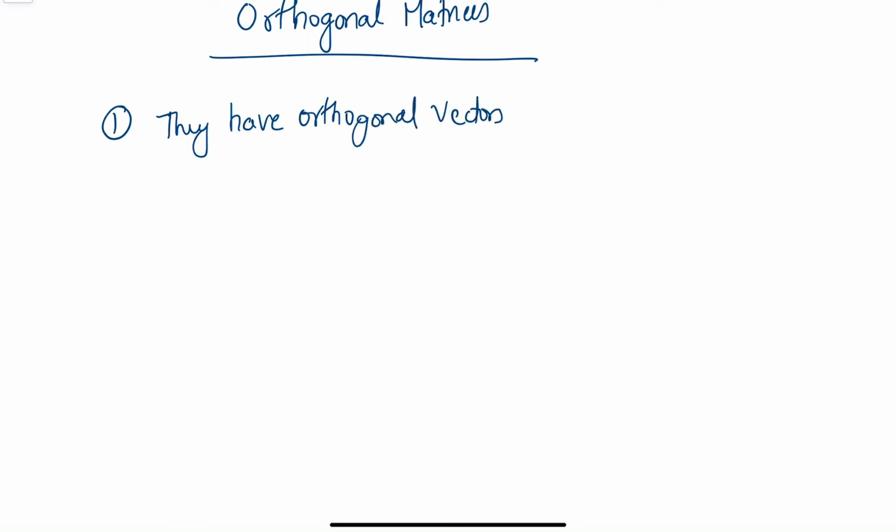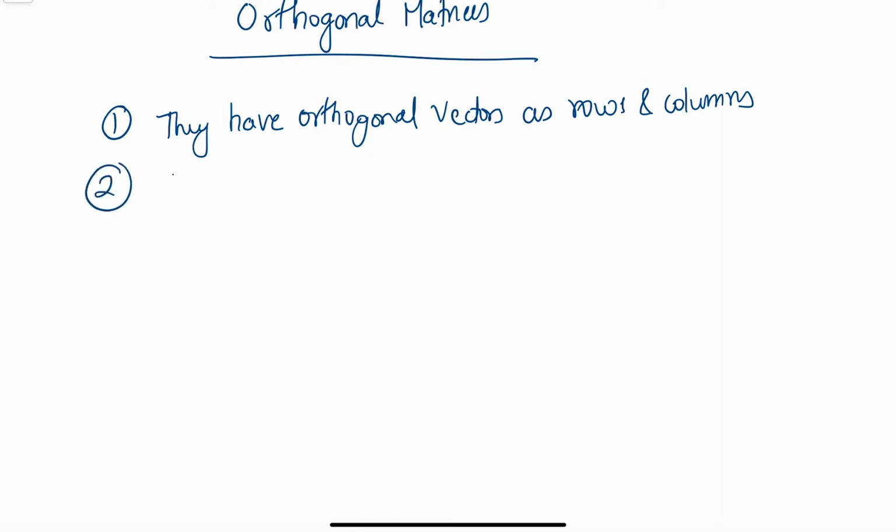Orthogonal means the dot product of the vectors is 0. We have discussed it in detail, as rows and columns. So any orthogonal matrix will have orthogonal vectors as its rows and columns. All the row and column vectors will be orthogonal vectors. We will see it with an example, so don't worry.